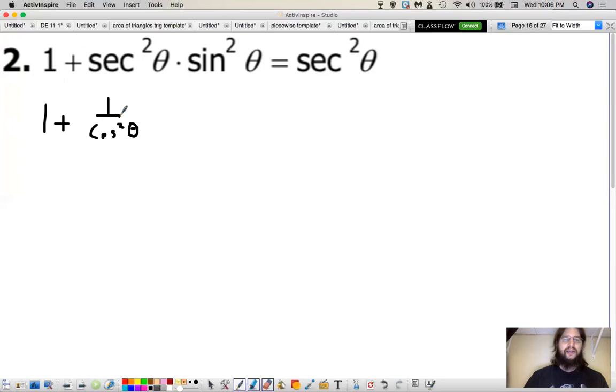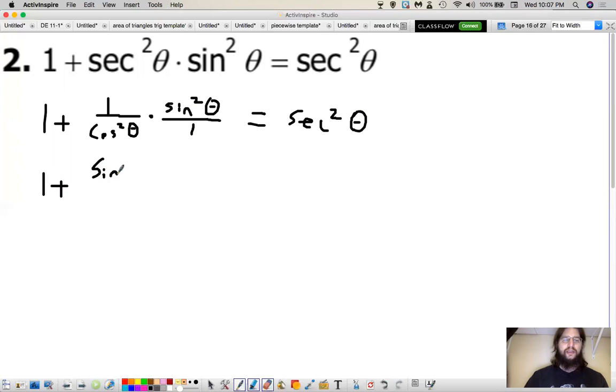Now this is times sine of theta, or sine squared of theta. But again, we're messing with fractions. Make sure it's fractions, plural. Make them all fractions. If it's not, put it over 1. Every step of the way, you need to have both sides of your equation. Now, how do we multiply fractions? Numerator to numerator, denominator to denominator.